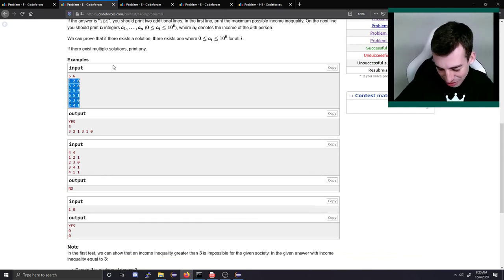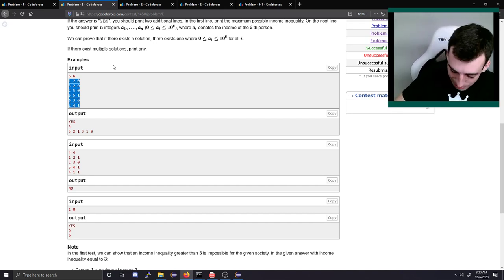I remember, I think it was Global Round 9, the examples were all trash, but in this case, they might be helpful. 1 to 2, we don't know. I guess I just won't draw arrows here. 1 to 2, then we have 3 to 2, 2 to 5, 6 to 5, 6 to 3.